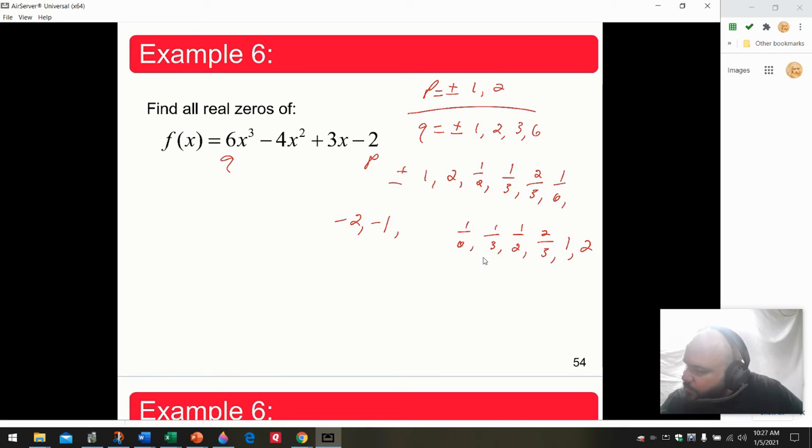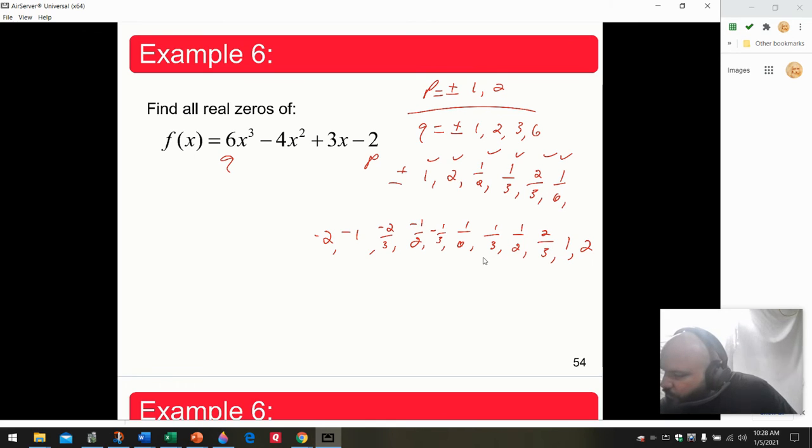So I got 1/2, 1/3, 1/6, 2/3, 1 and 2. Now working backwards from that, we would have negative 1/3, negative 1/2, negative 2/3, negative 1, and negative 2. So there are all 12 of those numbers listed from least to greatest.